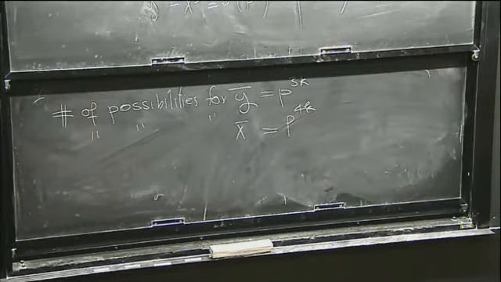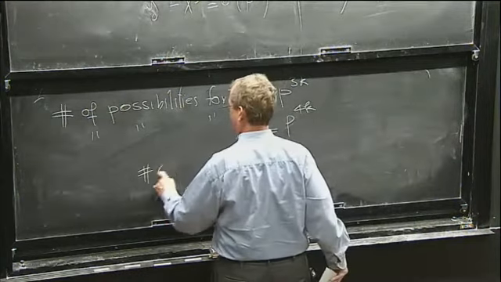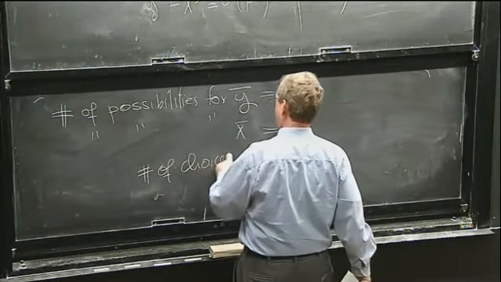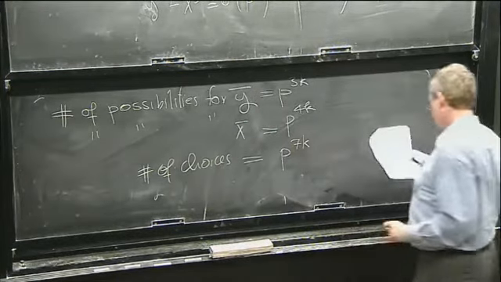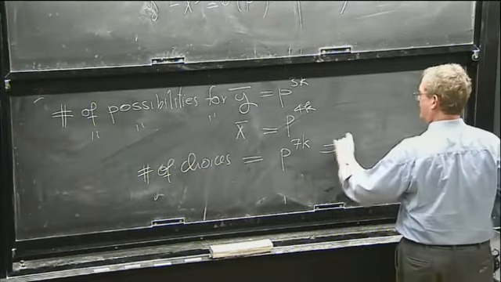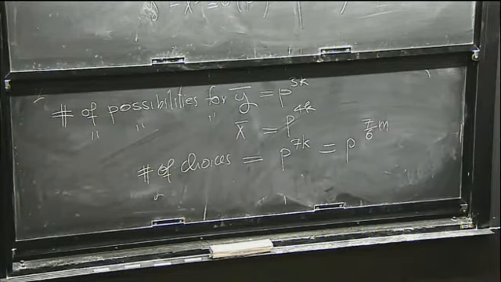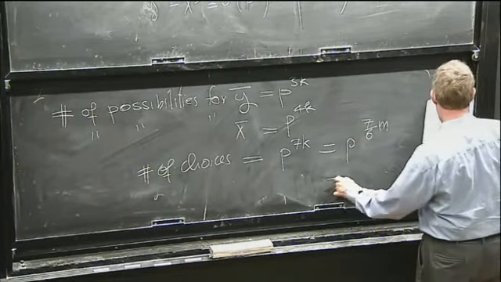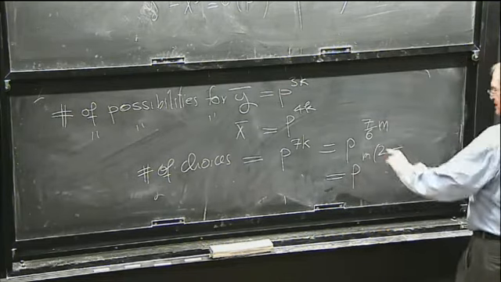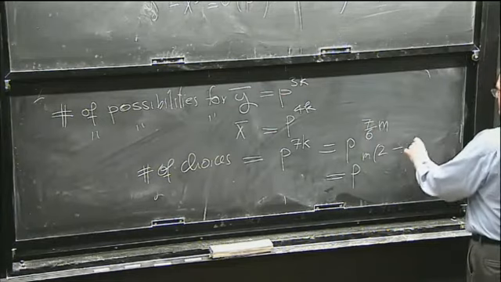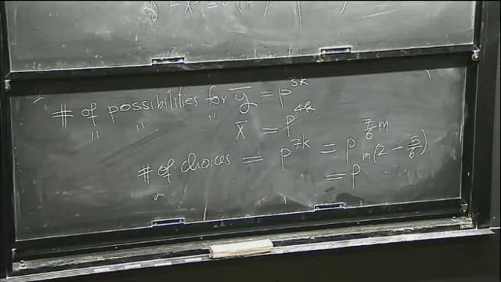So how many choices do I have altogether? The total number of possibilities is p to the 7k. But that's equal to p to the 7, remember m was 6k. And I want to write this as p to the m times 2 minus 5/6, so I write 7/6 as 2 minus 5/6. And these are most of the solutions.